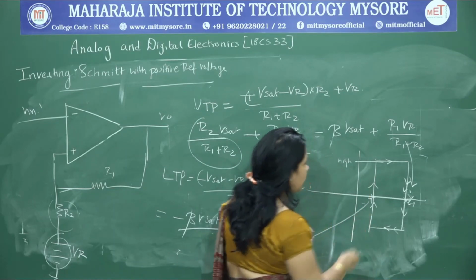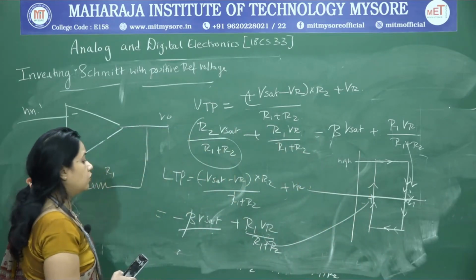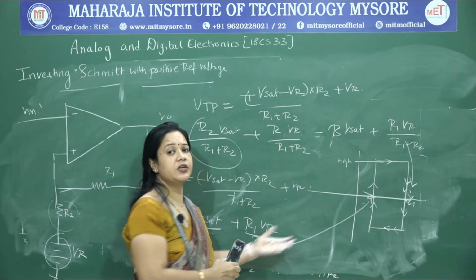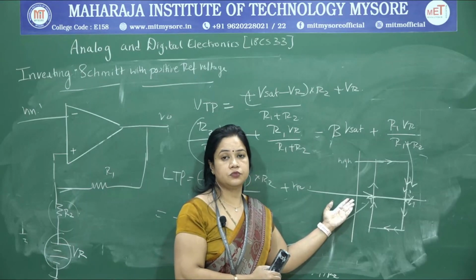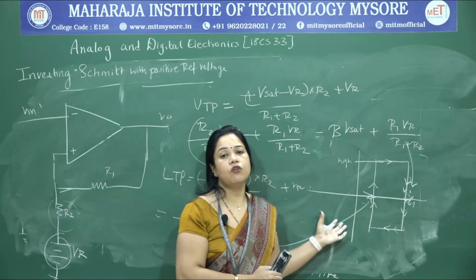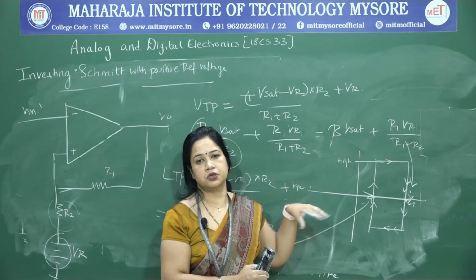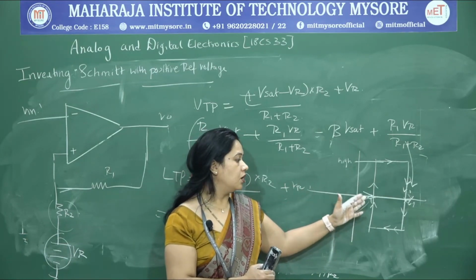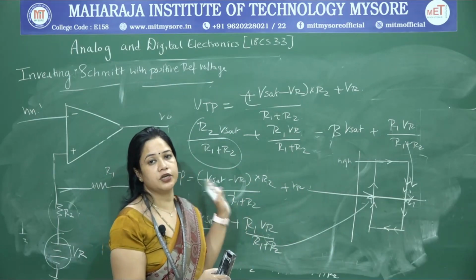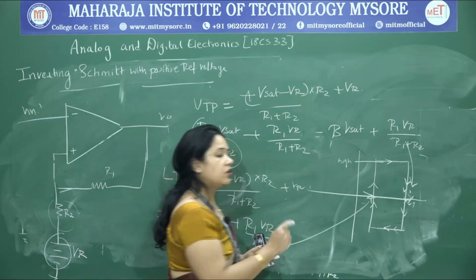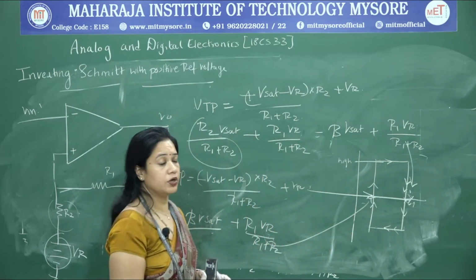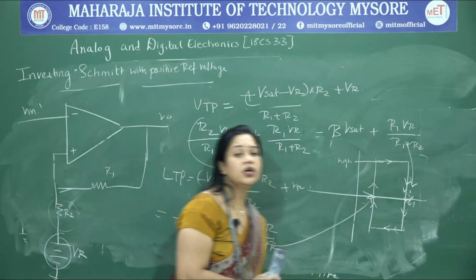As an effect, the inclusion of the reference voltage has shifted the hysteresis curve to the right of the curve you would observe without this reference voltage. Without the reference voltage, the hysteresis curve was centered around 0 voltage. Now it has been shifted to the right.